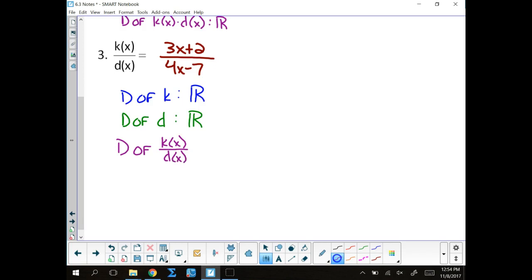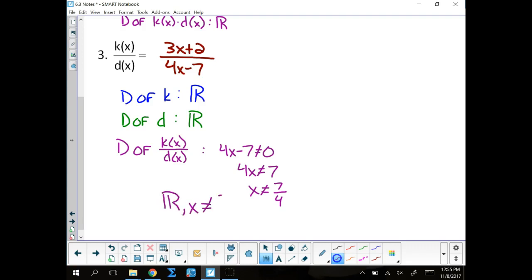So 4x minus 7 cannot equal 0. So 4x cannot equal 7. So x cannot equal 7/4. Agree with that? So that tells me then that the domain here is all real numbers, but x cannot equal 7/4.